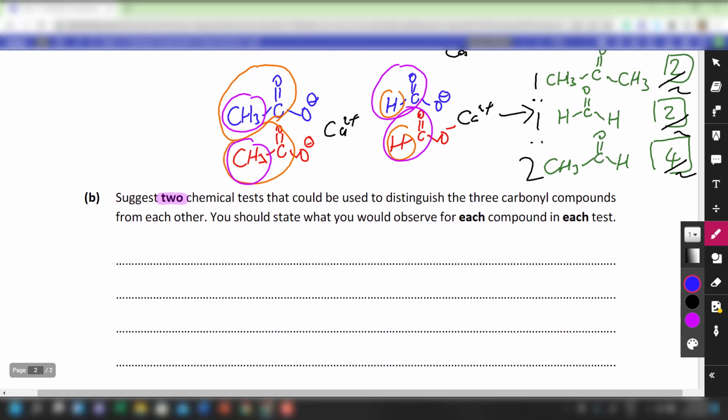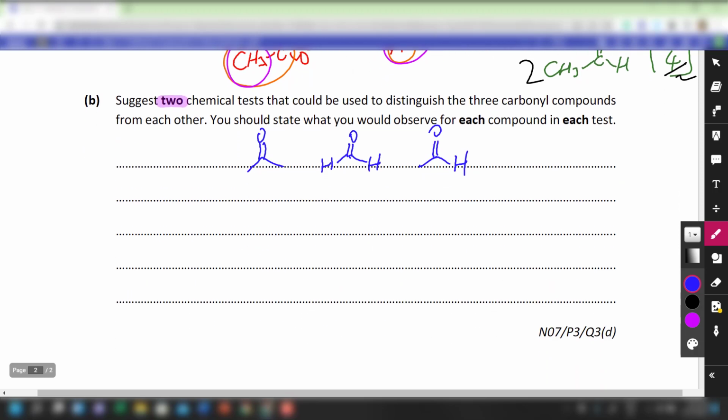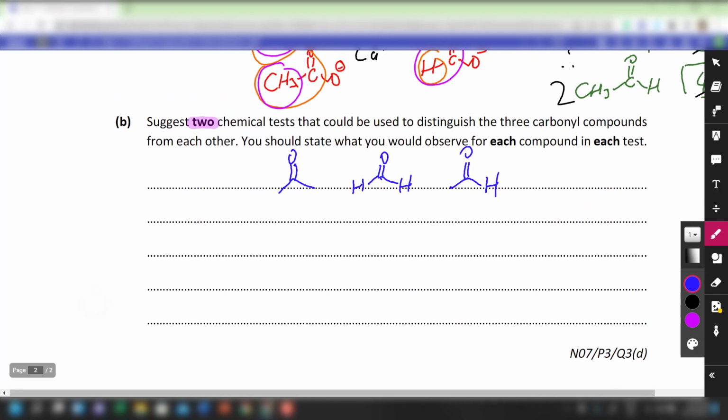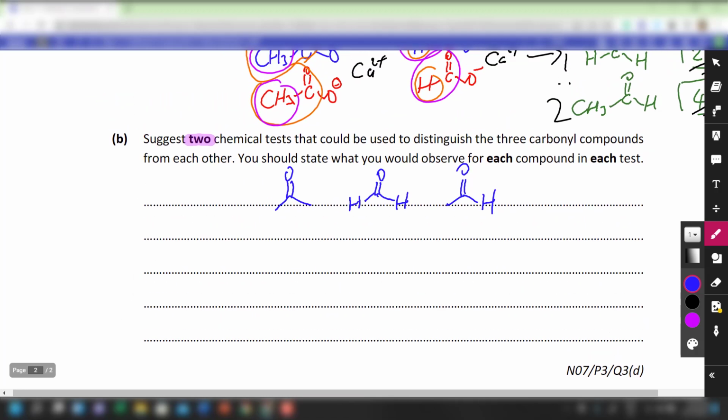My suggestion is it will be easiest if we tabulate our answer, because tabulating makes it easier for us to decide which combination helps in distinguishing between them. Because we're supposed to use only 2 tests, we have to choose them in a relatively strategic way.